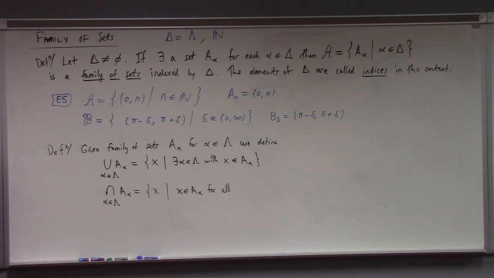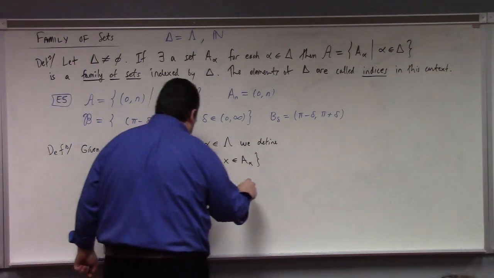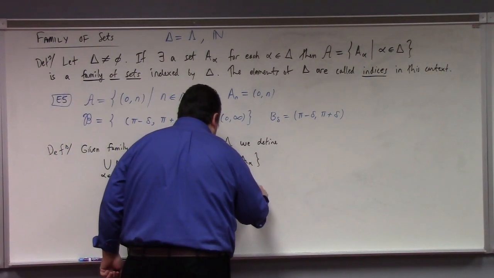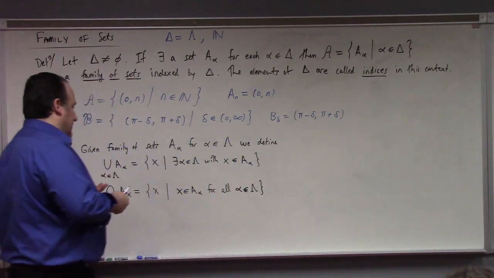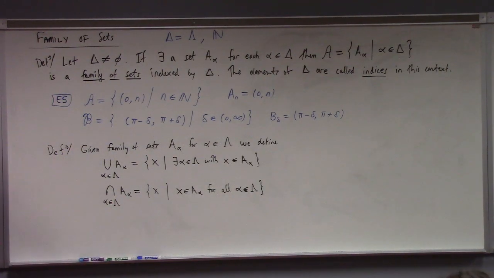Alpha elements of the lambda. That's right. Which is a fancy way of saying that it's in every single member of the family, right? x is in the intersection if it's in every member of the family.